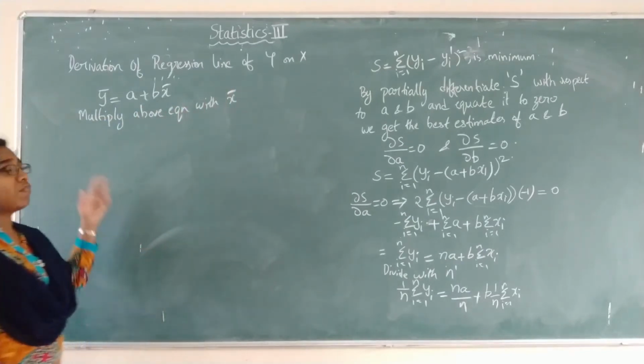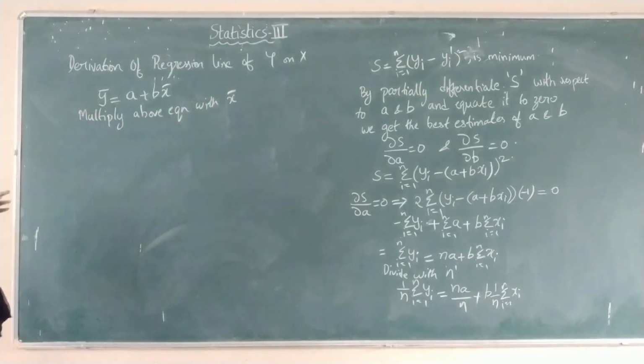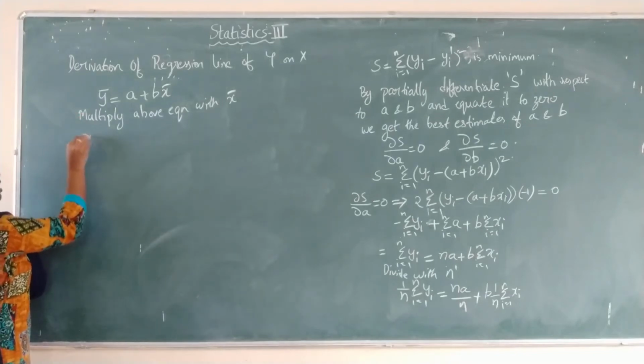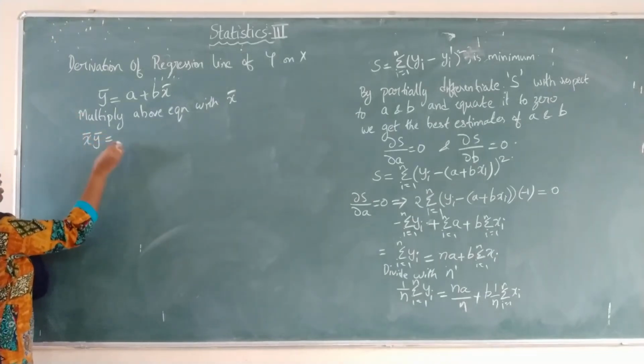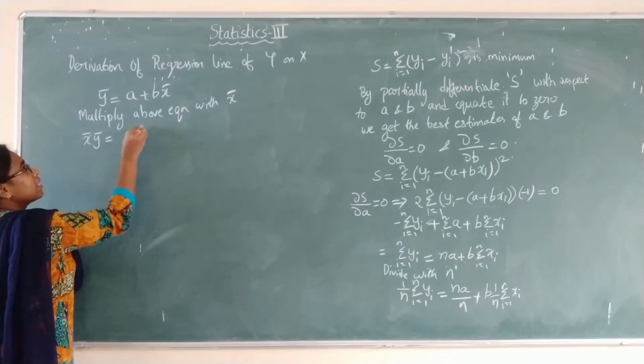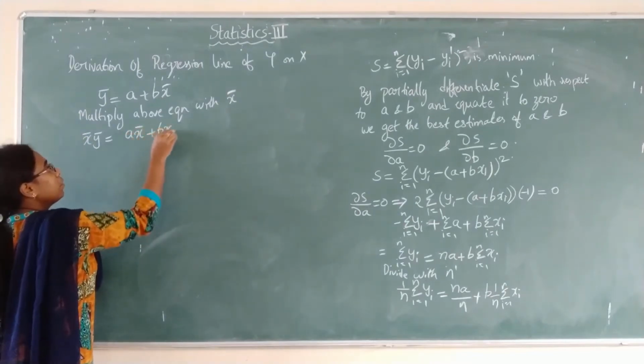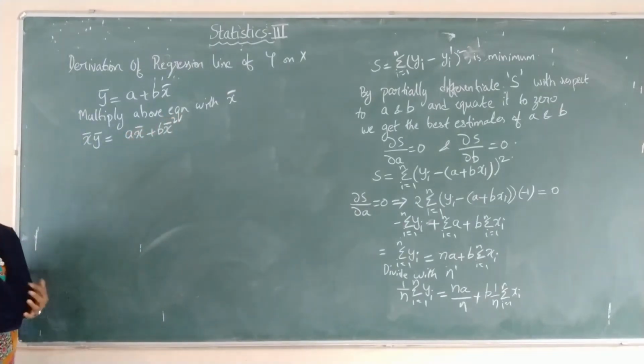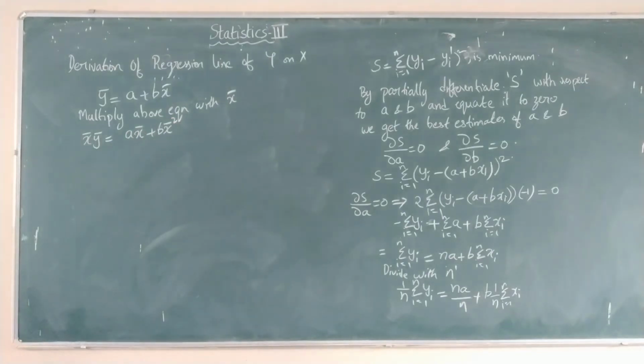You will get x bar into y bar equals a into x bar plus b into x bar into x bar, which is x bar square. So now keep this equation as equation 1.